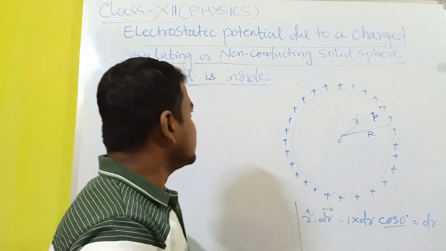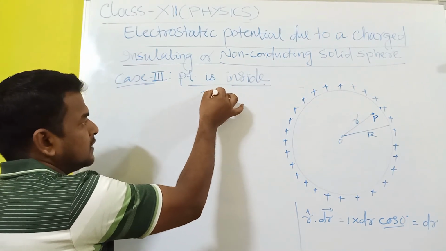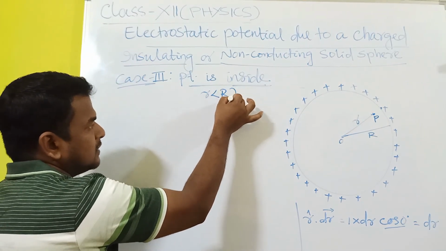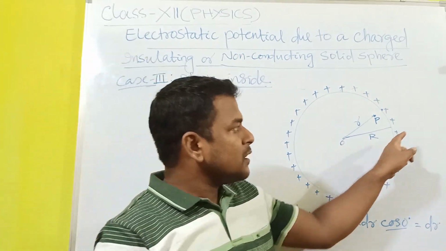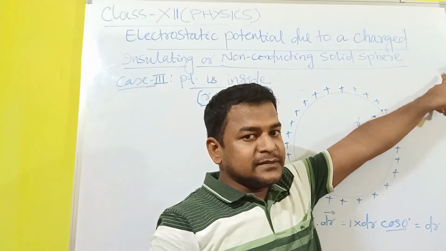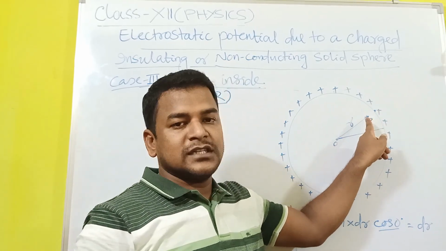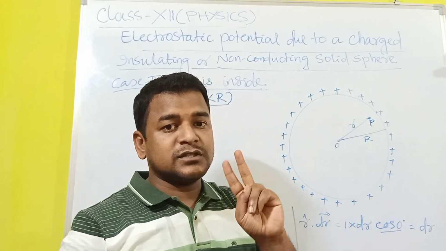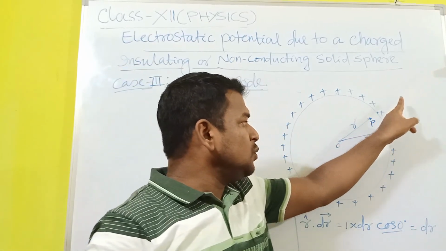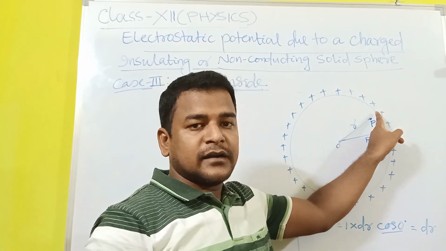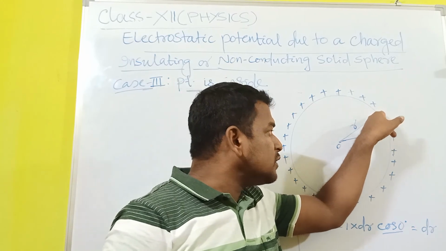Now, in this case, small r is lesser than capital R. Look here, we have to bring the charge from infinity to this point. That means here two situations are arising. Number one, infinity to capital R, means on the surface.